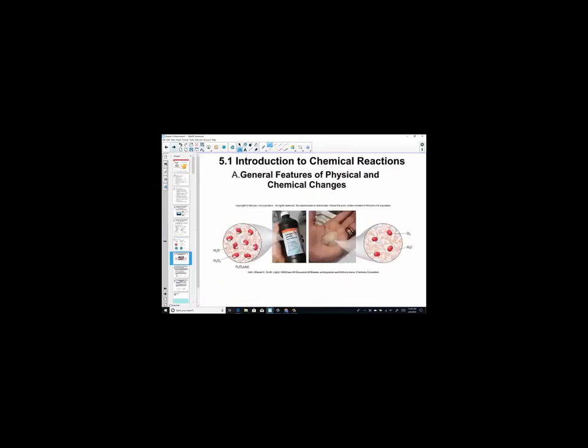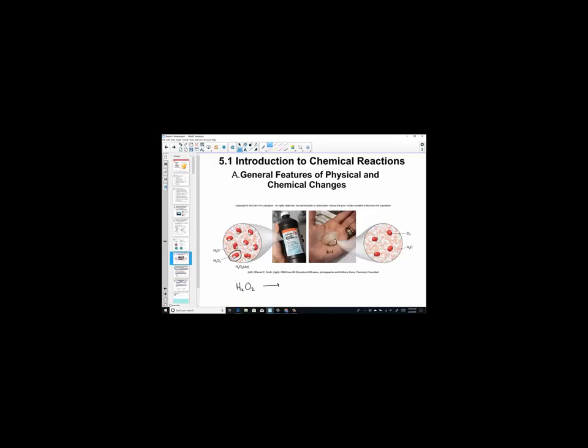So we've learned that a chemical reaction can be denoted through a chemical change. In this example, I see a molecule of H2O2. That's called hydrogen peroxide. It might be in your medicine cabinet at home. And I see that it undergoes a chemical change and it starts to bubble.